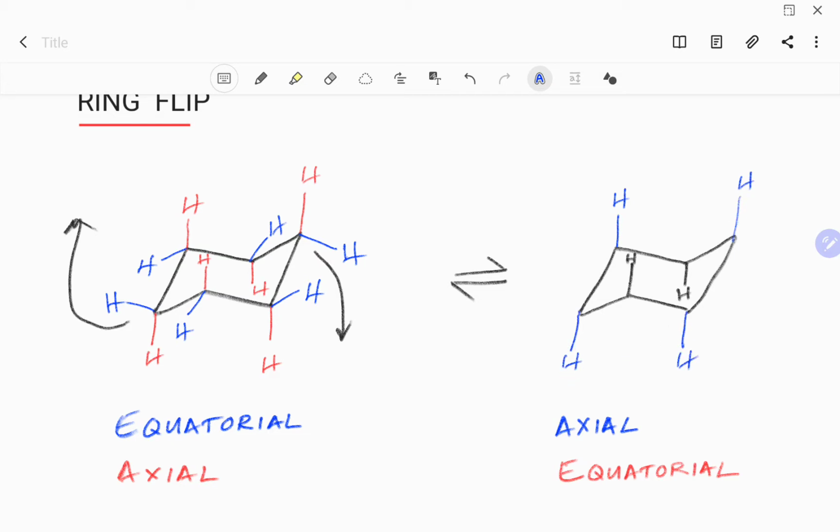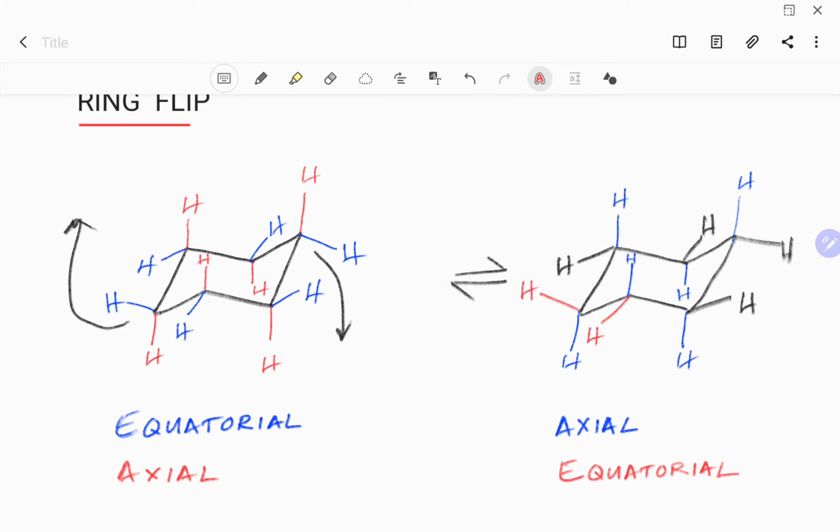These are axial now, but they were equatorial before, and the remaining ones were axial before and now they are equatorial. Here are the remaining bonds, and they are equatorial, and they were axial before, so they were red in color, so let's color them in red.